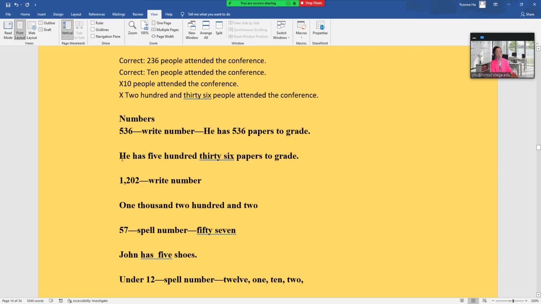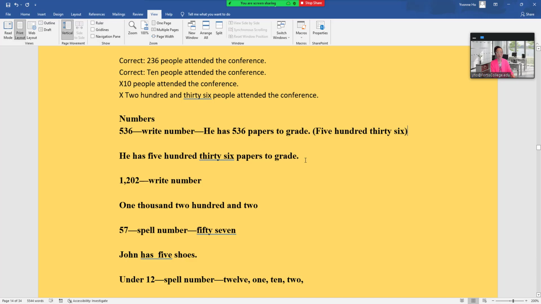So here you have more than 2 words, 536. So you write out the number because it's more than 2 words. He has 536 papers to grade. And in case you don't believe me, 5, that's 1 word, 100, 2 words, 30, 3 words, 6, 536. So that's not correct. So since this is like 4 different words, and it's more than 2 words, we write out the number 536.